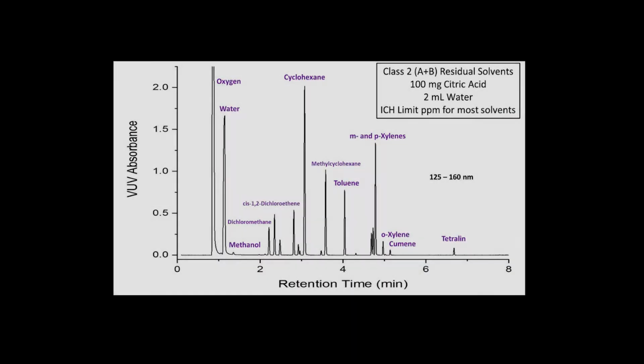Okay, what we're looking at here on this particular slide is our preliminary results for chromatographic compression. We use Class 2 residual solvents and an example excipient, citric acid, and you can already see that the runtime is very short, 8 minutes total, with tetralin, the last eluting solvent, eluting at about 7 minutes.